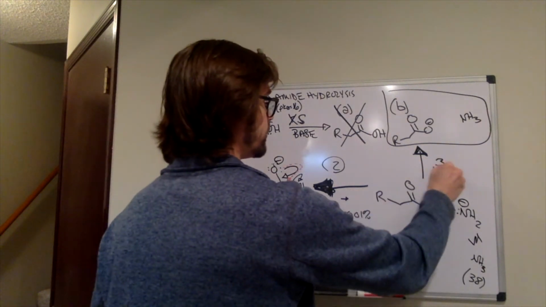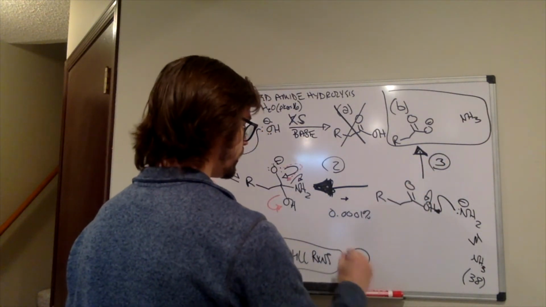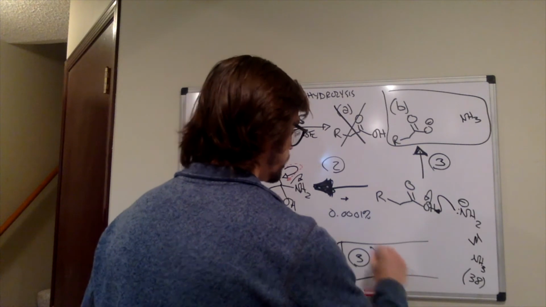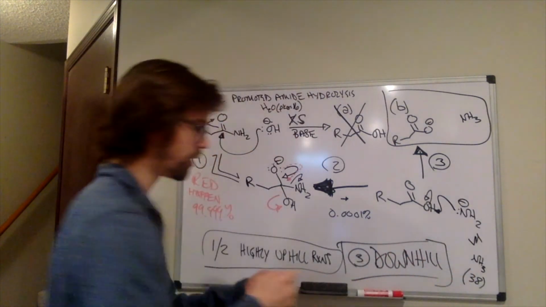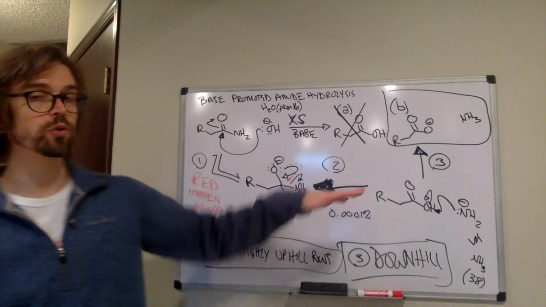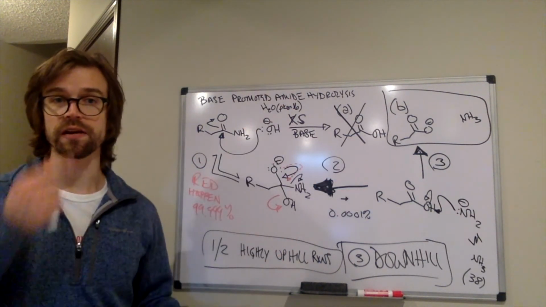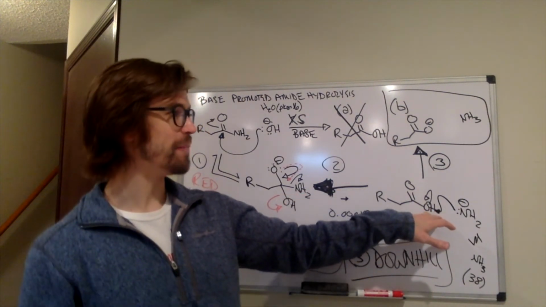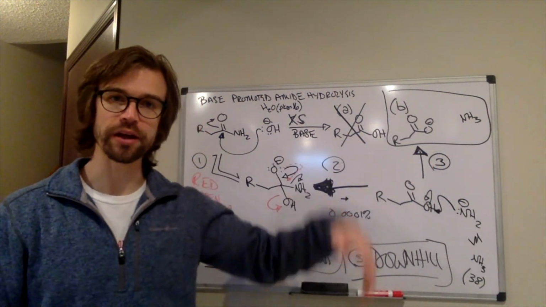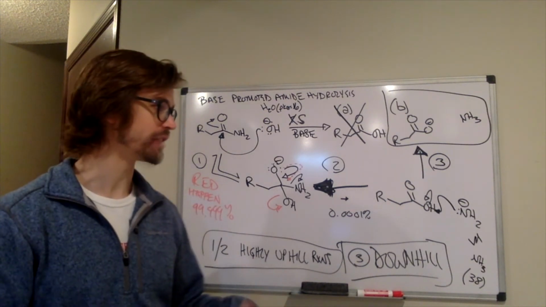This is step 3. Step 3 is a downhill reaction. So sure, step 1 and step 2, way uphill, very unfavorable, but if step 2 ever happens, the next step is going to be an extremely downhill acid-base transfer reaction.